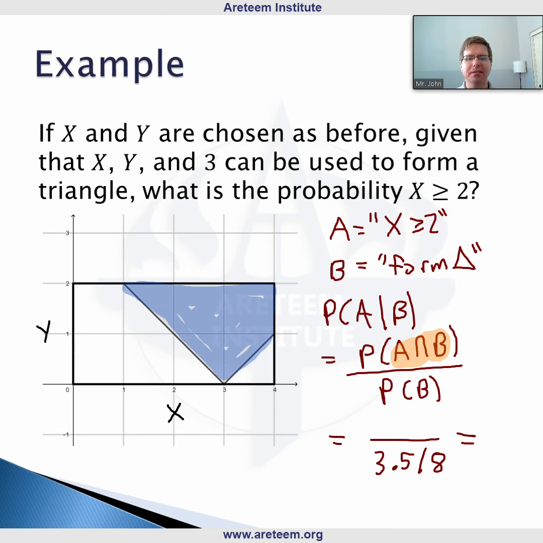Well, if we want x to be greater than or equal to 2, that is this box here. But whenever we're doing the intersection then, we need both of those regions to come together. So if we're looking at the intersections of those two regions, we in fact have this little pentagon, this house-shaped region right here. This is going to be the intersection of A and B in that case. So that is our intersection, and we can therefore calculate the probability of that intersection the exact same way we did before.